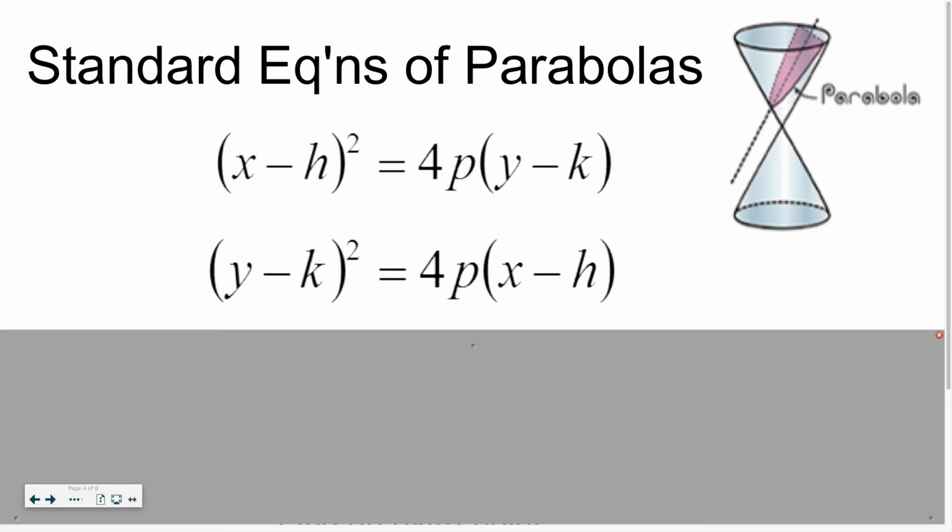Now, these are two new-looking equations for parabolas that you haven't seen before. There is some kind of connection to the old equations that we saw for parabolas. So my question to you is, does anybody remember one of the old equations for a parabola?